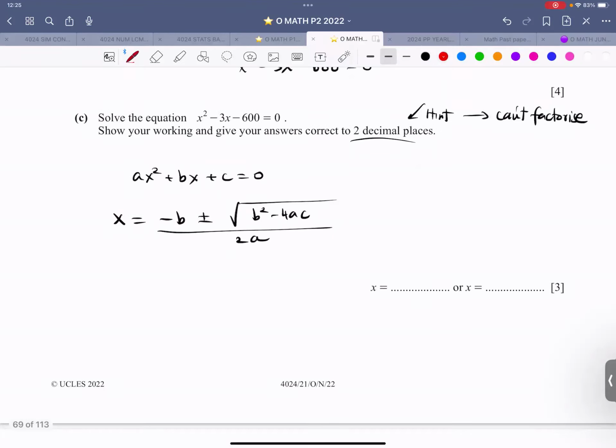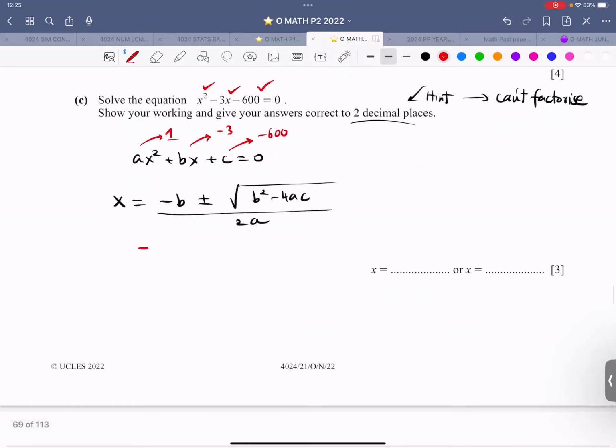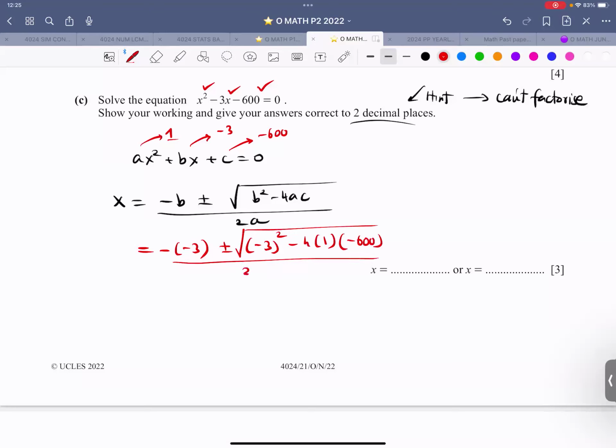So over here, a is 1, b is negative 3 and c is negative 600. So negative 3 plus minus the square root of negative 3 squared minus 4 into 1 into negative 600, divided by 2 times a, 2 times 1.